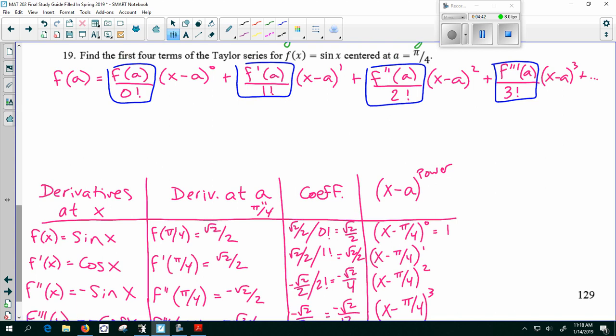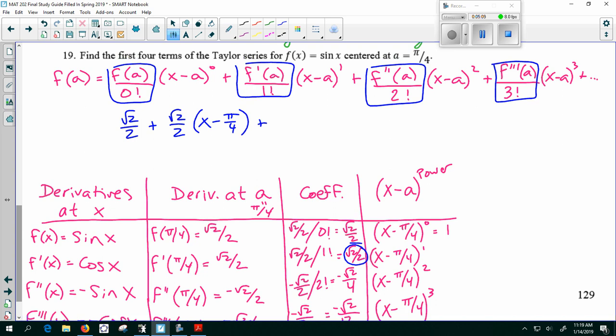Okay, so f of a over 0 factorial, that's my coefficient. So that is the root 2 over 2. And x minus a to the 0 is just 1, so I'm not even going to write that one. Okay, f prime of a over 1 factorial, that is this coefficient, root 2 over 2, times x minus pi over 4 to the first.